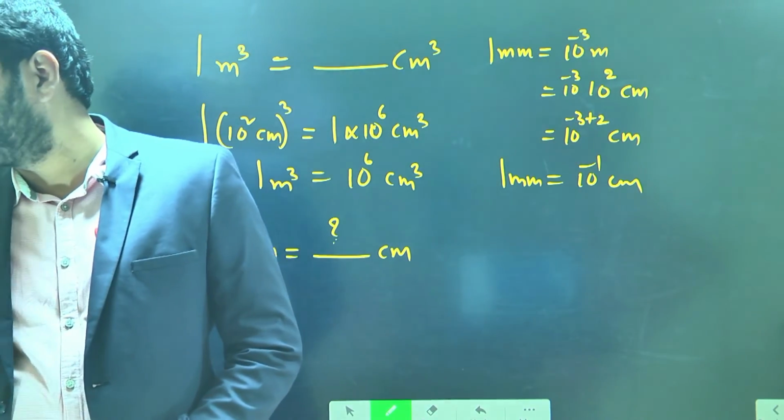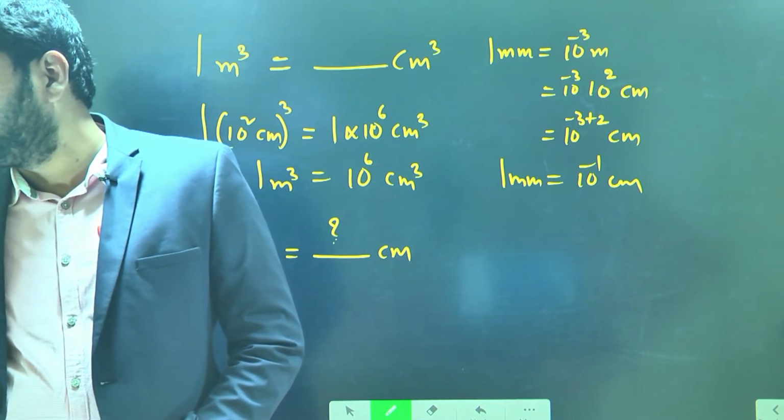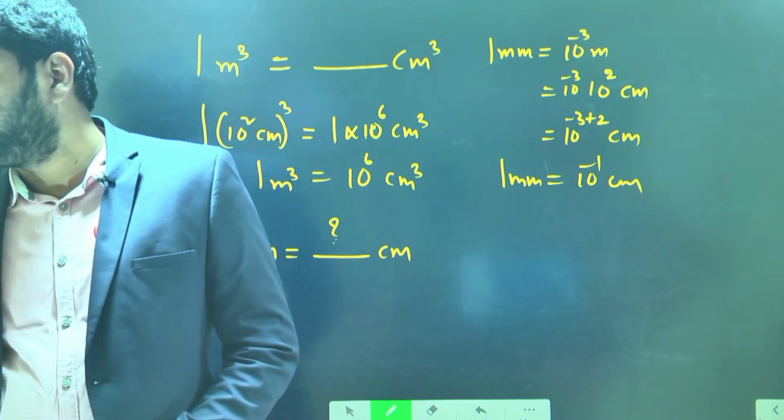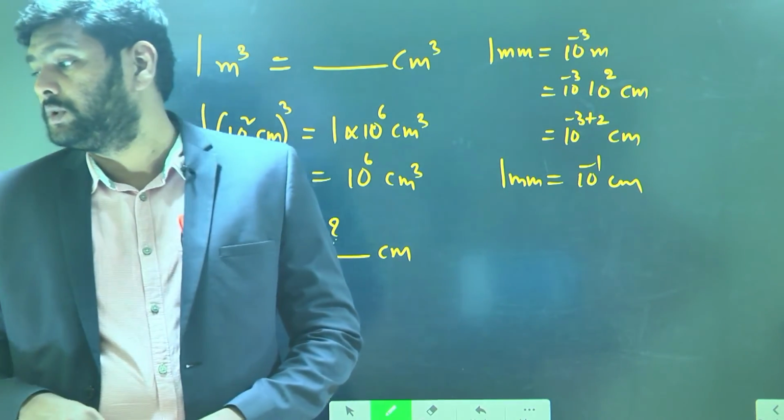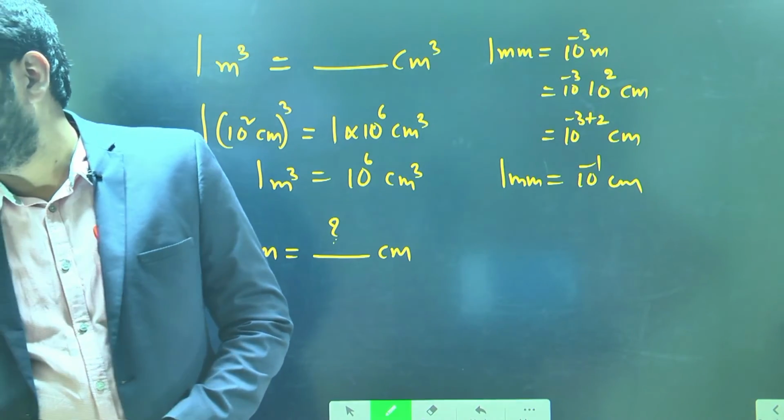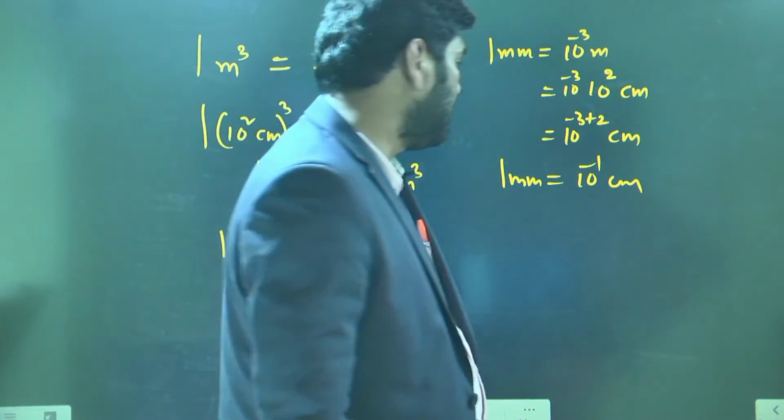One more: 1 meter square is equal to how many centimeter square?